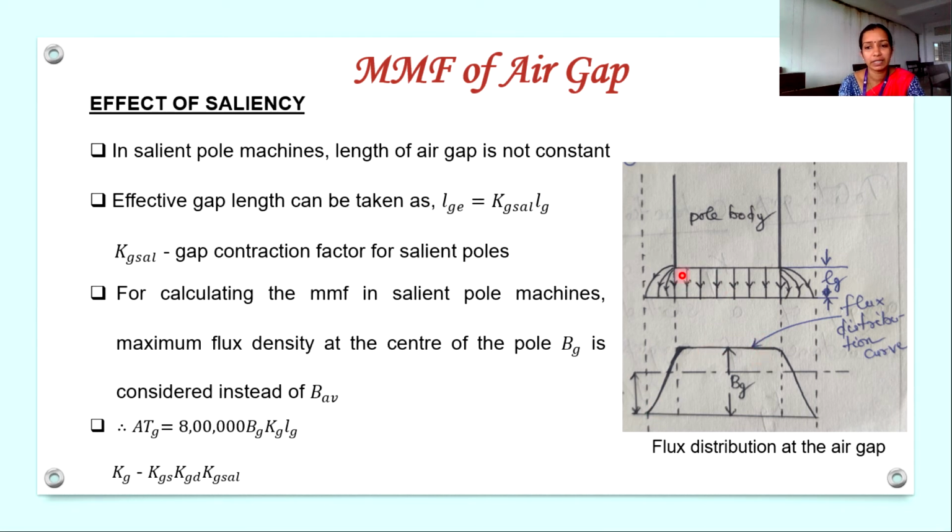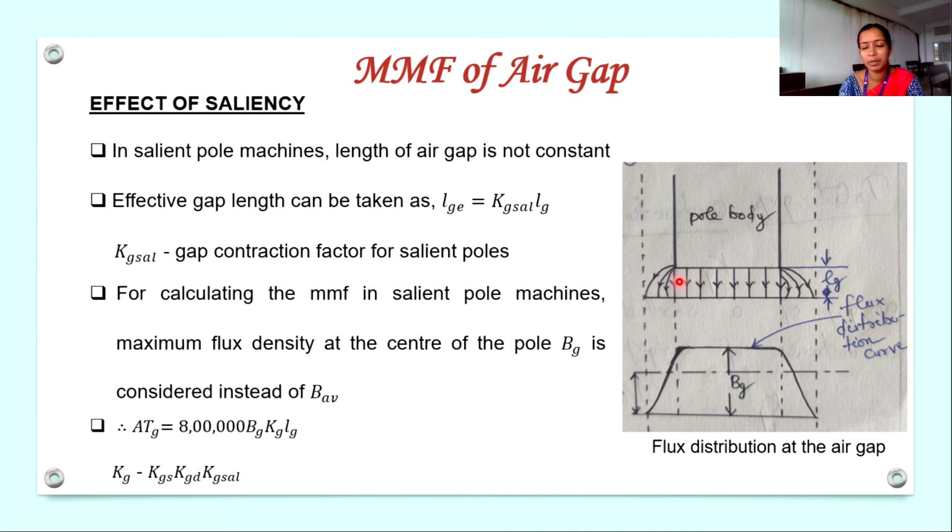So flux density will be maximum at the center of the pole. So along the width of the pole body, the flux density is maximum, and that maximum value of flux density is denoted as Bg. Maximum flux density at the gap, Bg. Okay. And towards the interpolar space, towards the interpolar region, the flux density decreases.